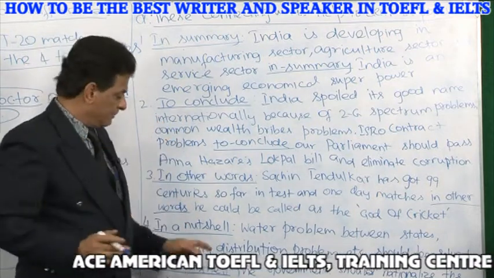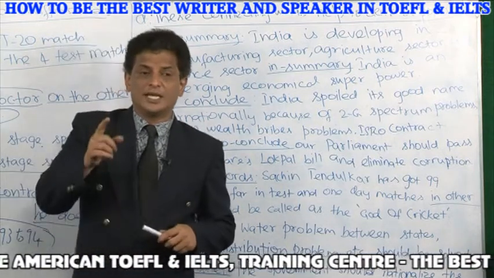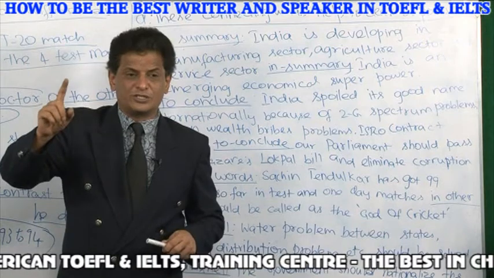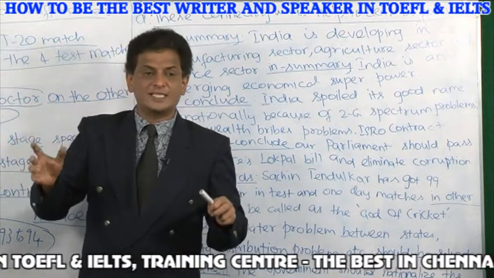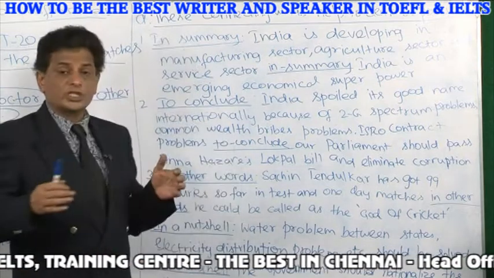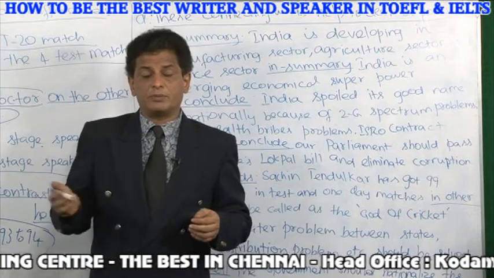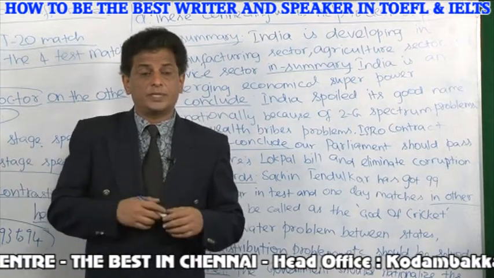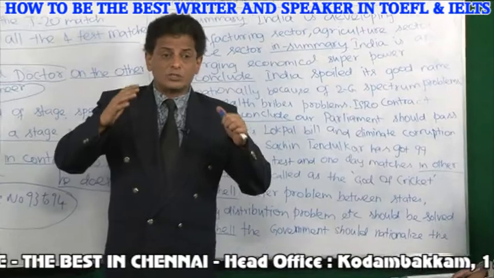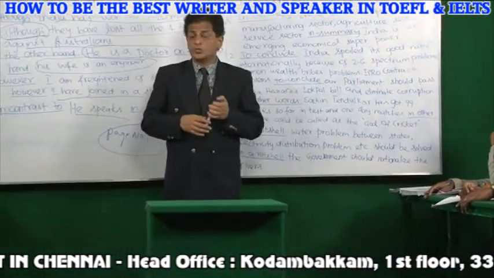In short, the government should nationalize the rivers. In short, you are telling this is the only solution. What is the solution? You should nationalize all the rivers in India, because states are having problems. Tamil Nadu is having a problem with Karnataka, with Kerala, and with Andhra Pradesh. So in conclusion, to clear the point, nationalization is the only solution.